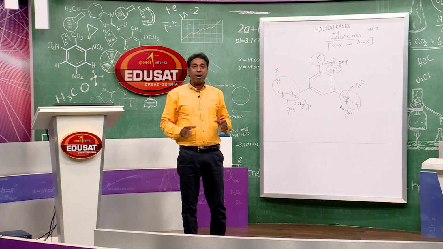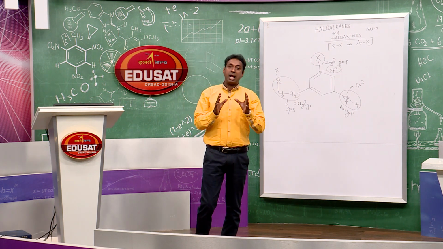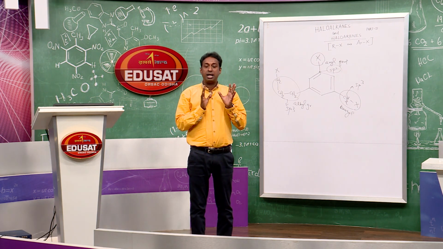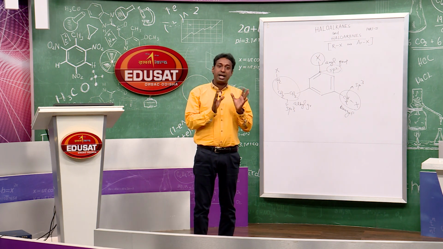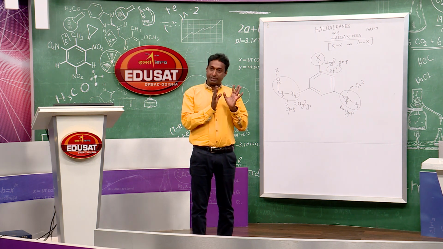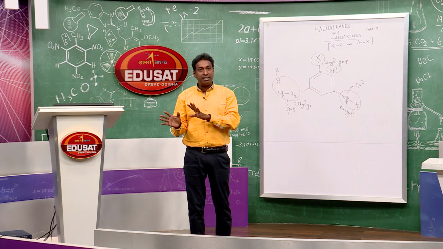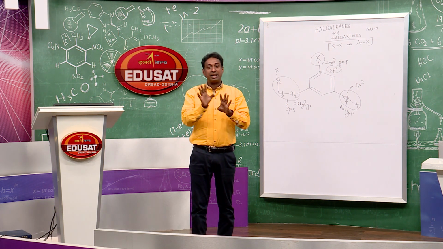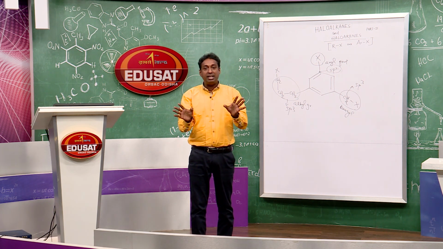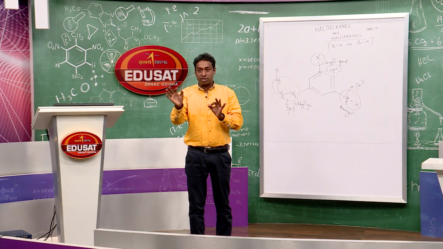Students, now I will recap the whole class that I have taught you. First, why haloalkanes and haloarenes are important, meaning the applications. Then how haloalkanes and haloarenes have been classified, like allyl, aryl, benzyl, vinyl, primary, secondary, tertiary.